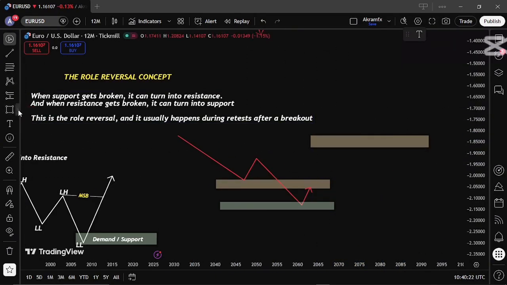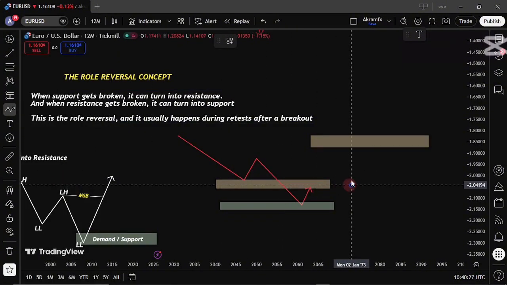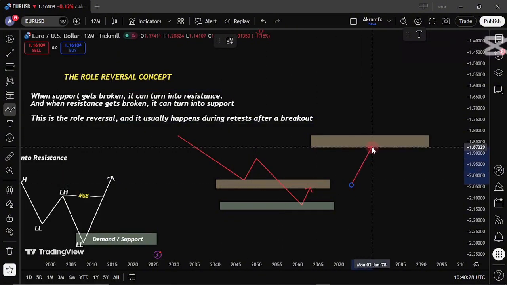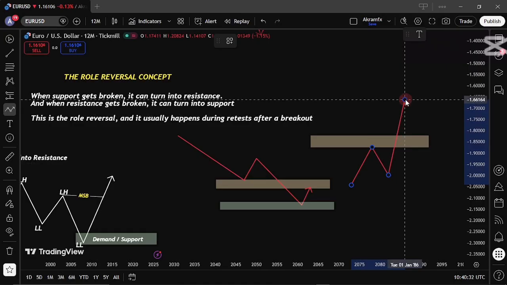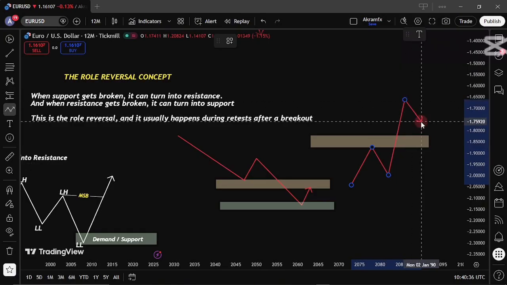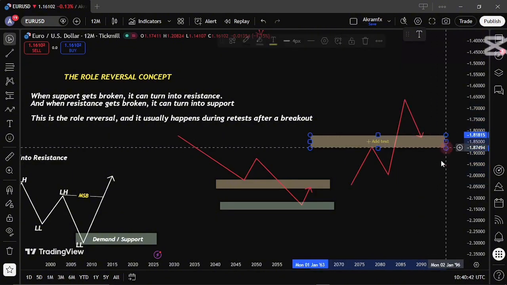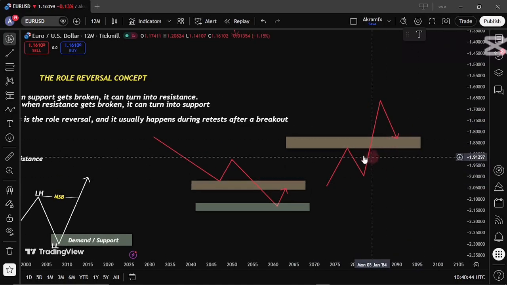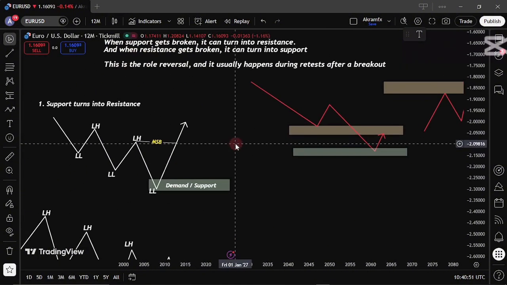If prices come and get rejected here, then on a retest they break this. When they break this, they will again retest the zone to see if it's holding before it moves up. When they retest, this has turned from a resistance into a support.